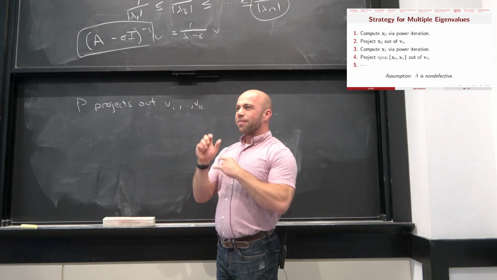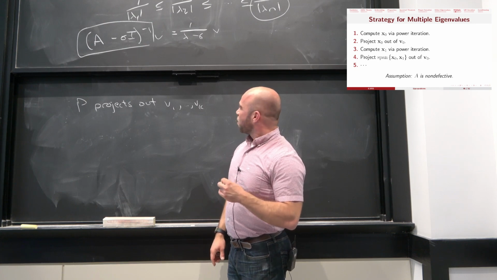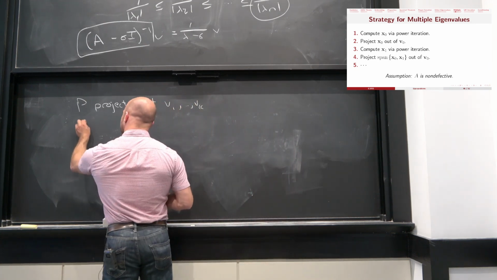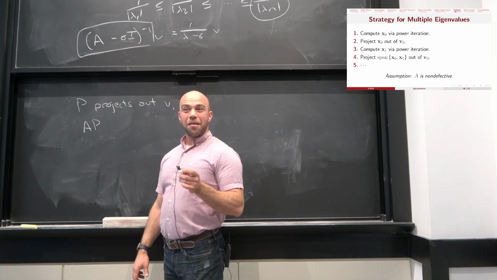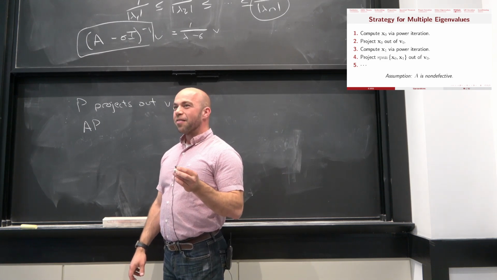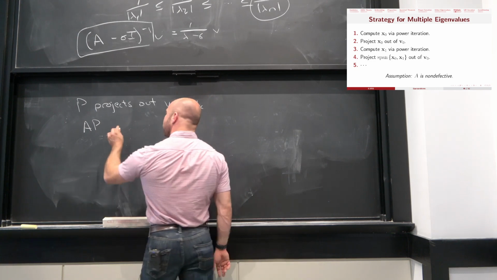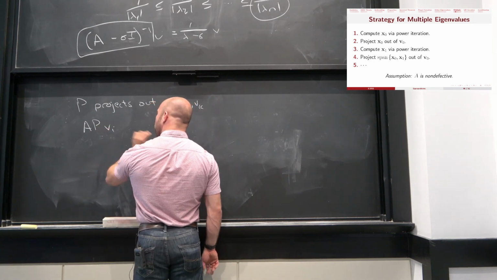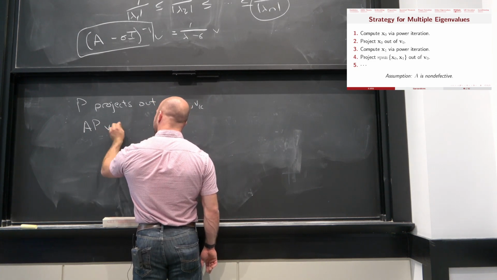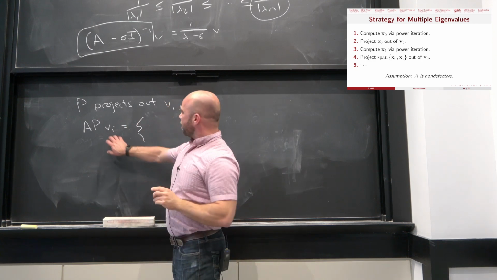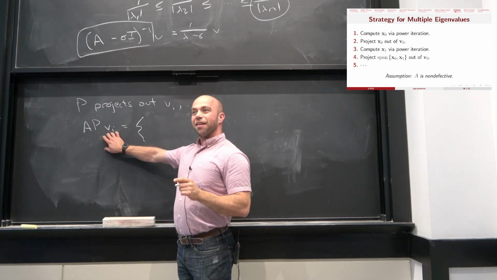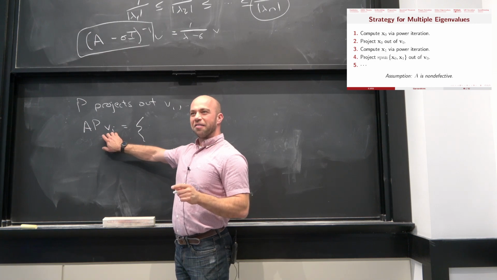Okay? So now, what are the eigenvectors of AP? Well, I claim that they're actually the same as the eigenvectors of A, right? So in particular, let's say that I have vi. Well, I have two cases, right? What is P vi if i is less than or equal to k? It projects stuff out, right? So it's just 0.